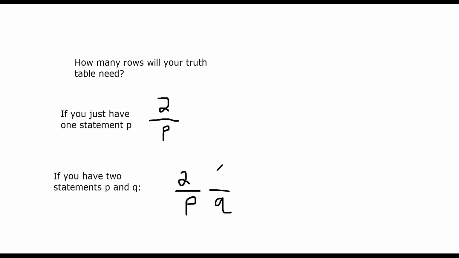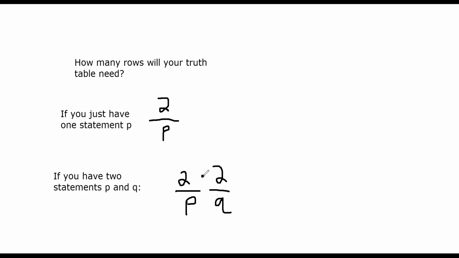But now, if you have two statements P and Q, you have P, and then you have Q. P can be true or false, so there's two possibilities just for P, but how many possibilities are there for Q? Also two, completely independently. And we will learn in chapter 11 of this course, which is still several weeks away, something called the multiplication rule for counting.